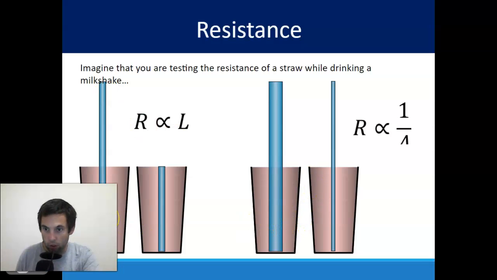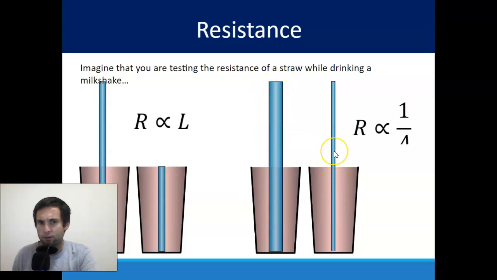It's like the harder you've got to pull that milkshake up the straw. And then the thicker the straw, resistance is inversely proportional to the cross-sectional area. So as the cross-sectional area is larger, the resistance is lower. It's easier to get the milkshake through the milkshake straw than it is to get it through that little coffee stirrer.